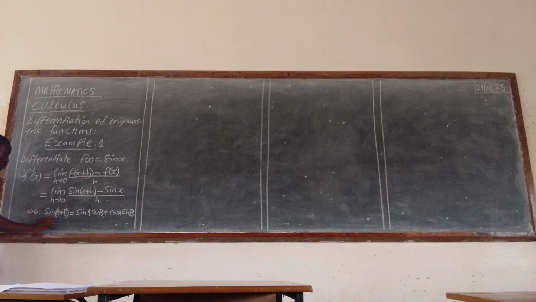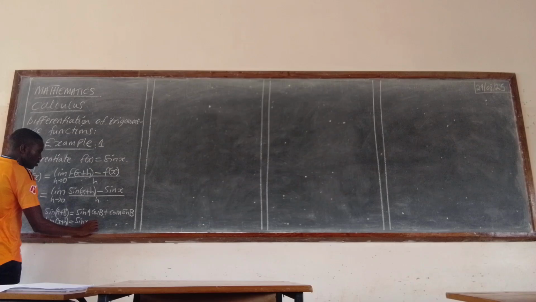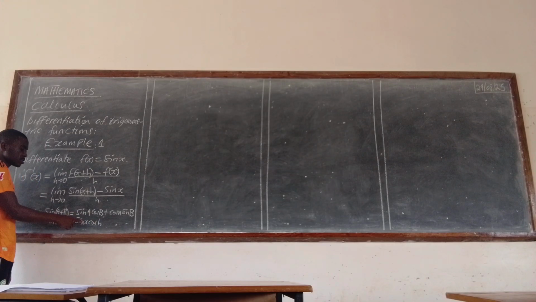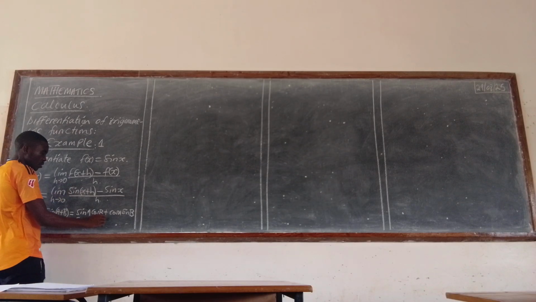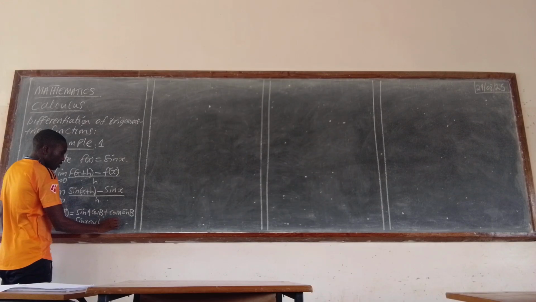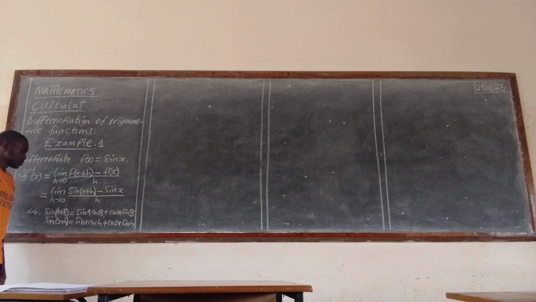So sine of x plus h is the same as sine x cos h plus cos x sine h, where there is A we put x, and where there is B we replace with h. So in here, we are going to replace with this for easy working.